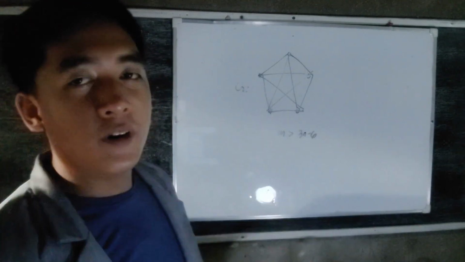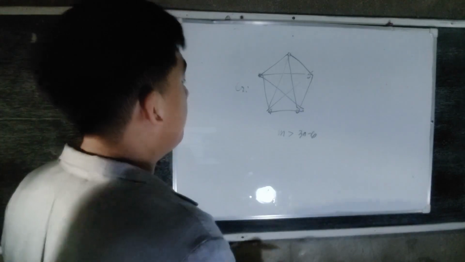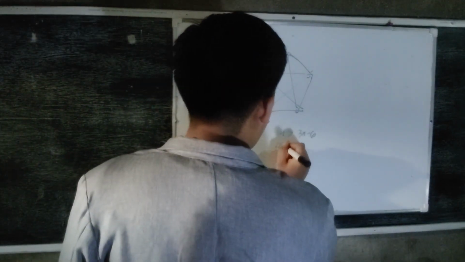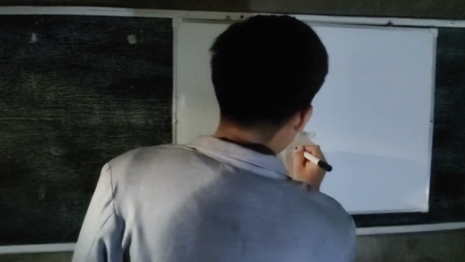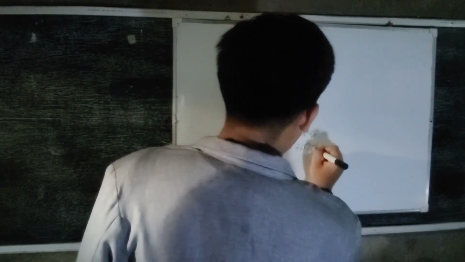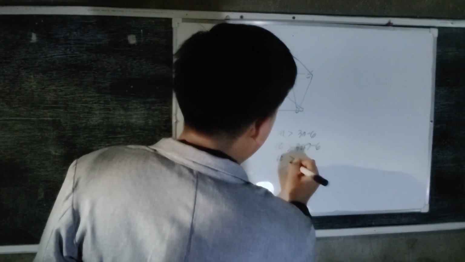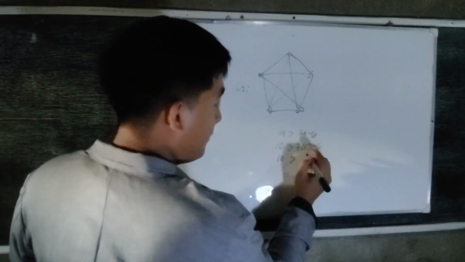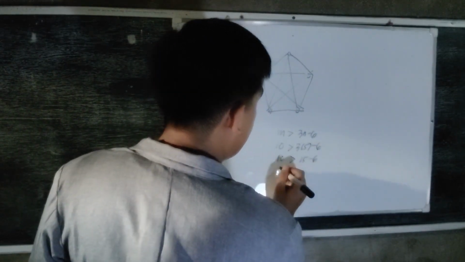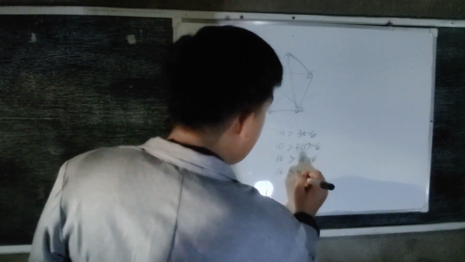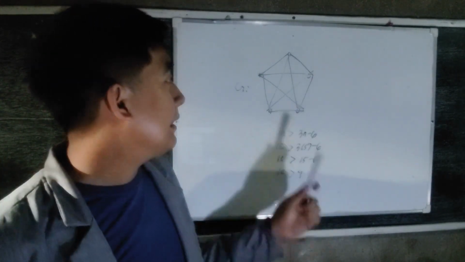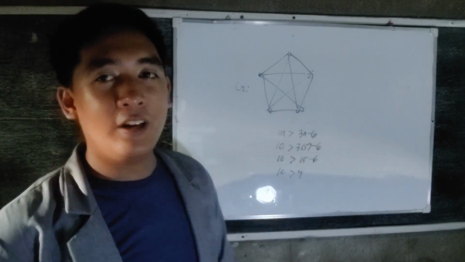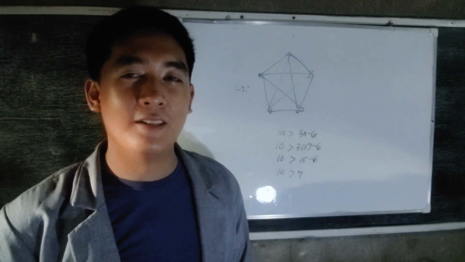So clearly, for K5, we have here 10 edges. How many vertices? We have 5. So 3 times 5 minus 6, that is 15 minus 6, that is 9. 10 is greater than 9. By theorem 10.4, we've shown that the graph K5 is a non-planar graph.